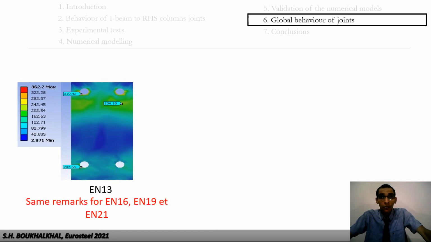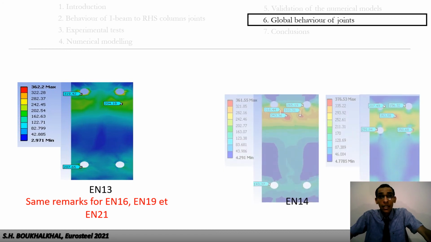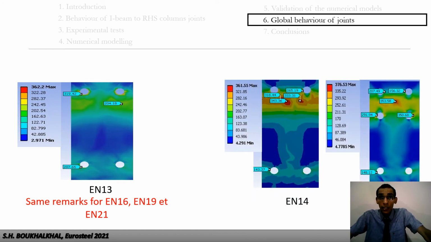The end plate remains within the elastic range for positive moment tests such as EN13, 16, 19, and 21. For the negative moment, it could be noted that the plate yields at the extended part, which is a direct consequence of the high level of the moment reached due to the membrane action at the column face.